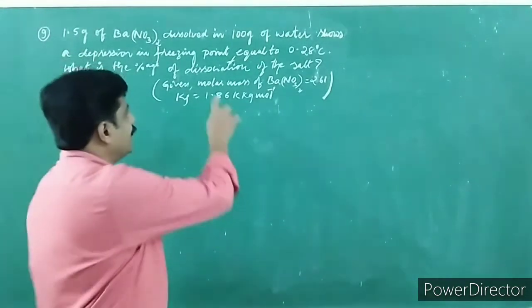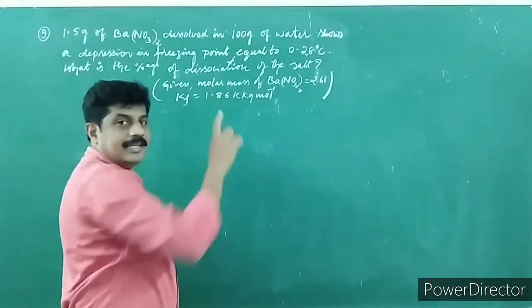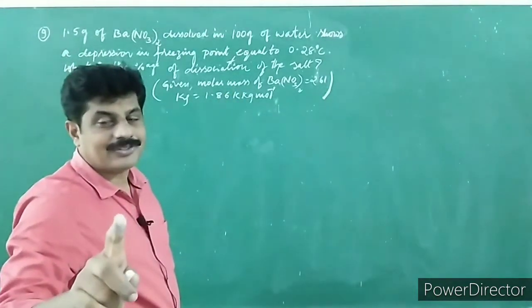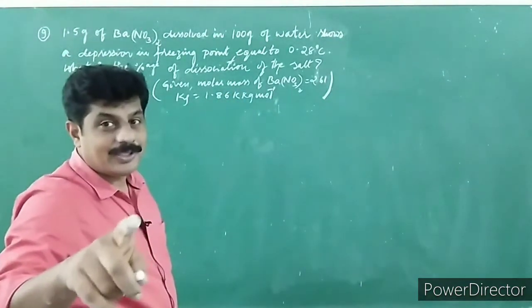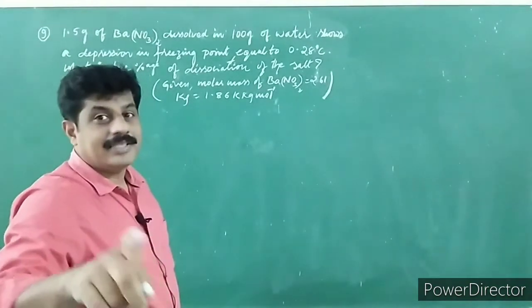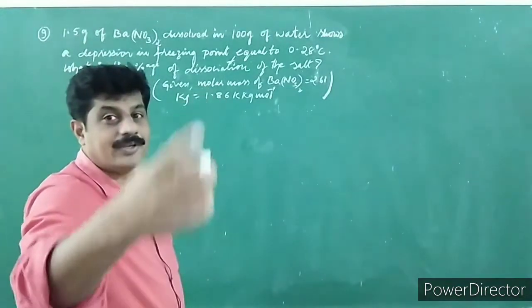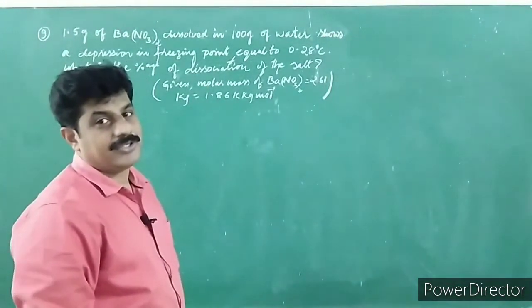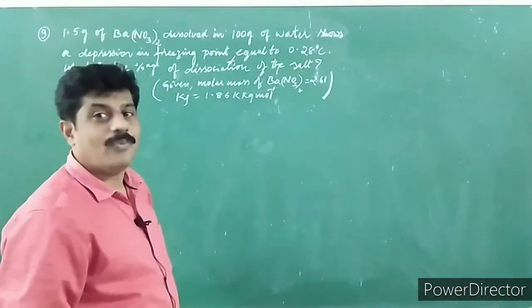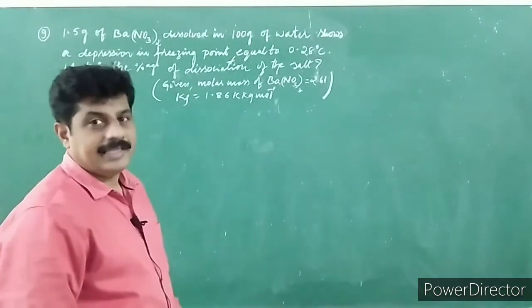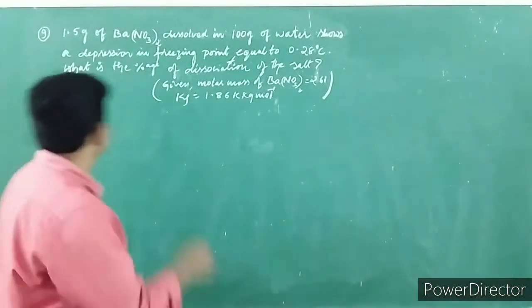Remember, whatever molar mass is given here is the normal molar mass, but you are supposed to find out the observed molar mass, then the Van 't Hoff factor. After that only you have to find out the degree of dissociation of barium nitrate in the water. Hope you understand that. Let me take up the numerical.